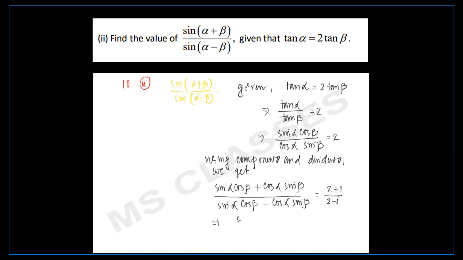This gives us sine(alpha plus beta) by sine(alpha minus beta) equal to 3.